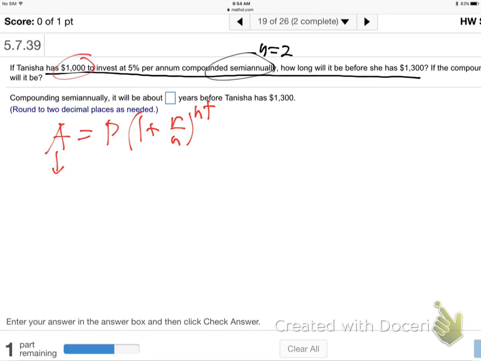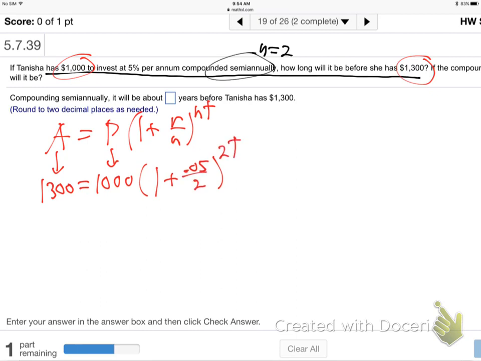Right? We want 1,000 to grow and become 1,300. So the amount later is the 1,300. The principal now is the 1,000, isn't it? Good so far? Want 1,000 to grow and become 1,300. And then the interest rate, 5%. N is 2, as we said.